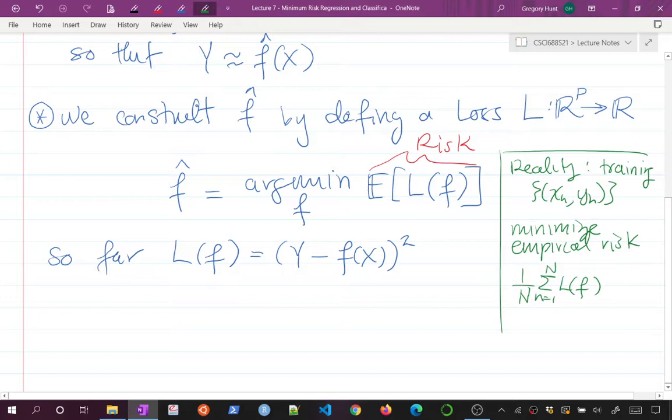So basically this kind of average, and in the case of squared loss, this would be the sum of y_n minus f of x_n quantity squared, right? Of course, we call this the MSE. But you could also call it the empirical risk.